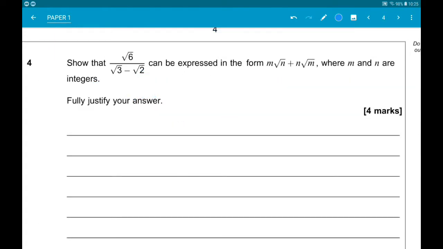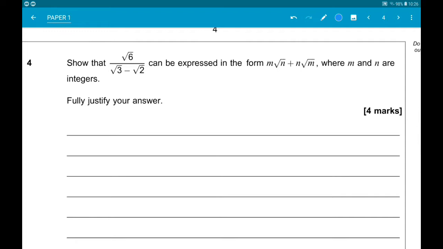Okay, number 4, we want to show that root 6 over root 3 minus root 2 can be expressed in the form m root n add n root m, where m and n are integers. Fully justify your answer, so don't just smash it into your calculator. So what we need to do is rationalise the denominator.